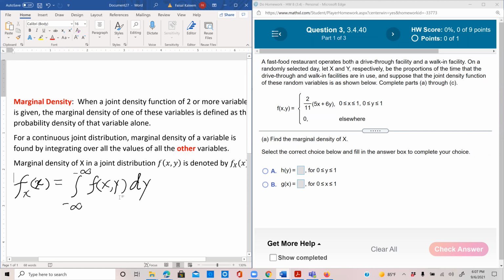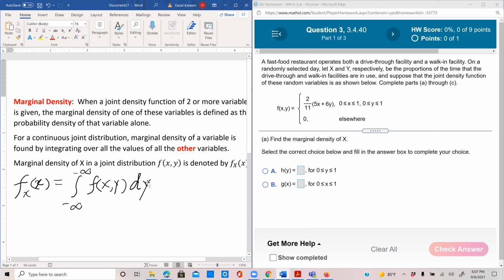But there are certain situations where it's absolutely necessary to write it in order to know which variable you're integrating with respect to. For example, over here, this is a function of two variables, x and y, but the integration we are carrying out right now is with respect to y over all the values of y.